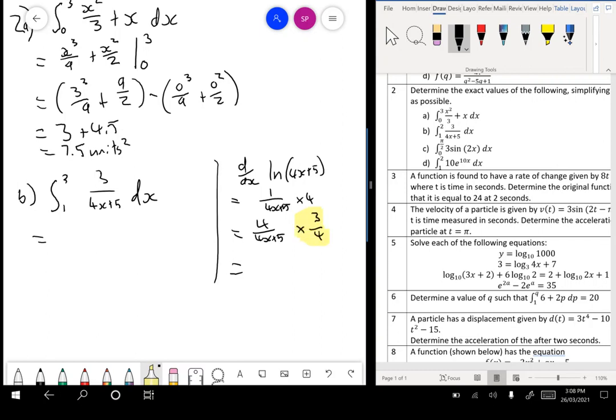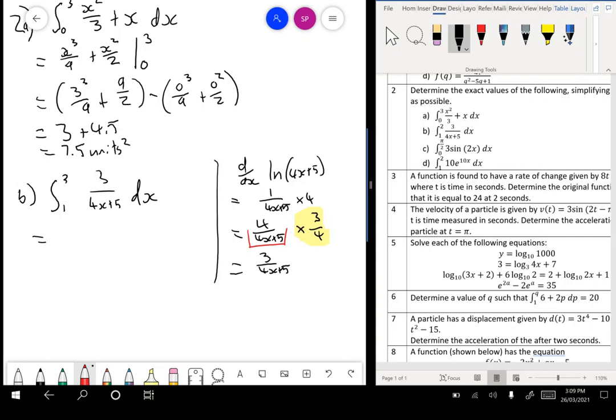Because once you cancel all that, you'd end up with 3 on 4x plus 5. Essentially what that means, ladies and gents, is that this bit here is the derivative of ln 4x plus 5.